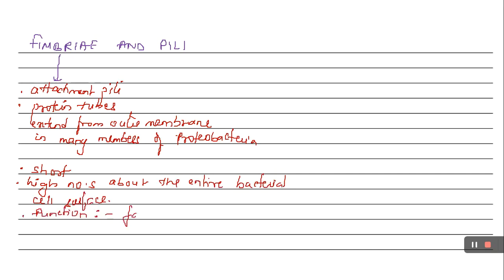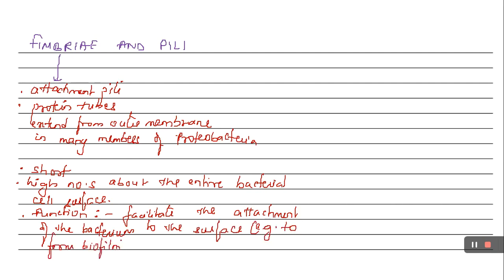They facilitate the attachment of the bacterium to any surface, for example to form biofilm, or to attach to animal cells during pathogenesis. So these are the functions of fimbriae.